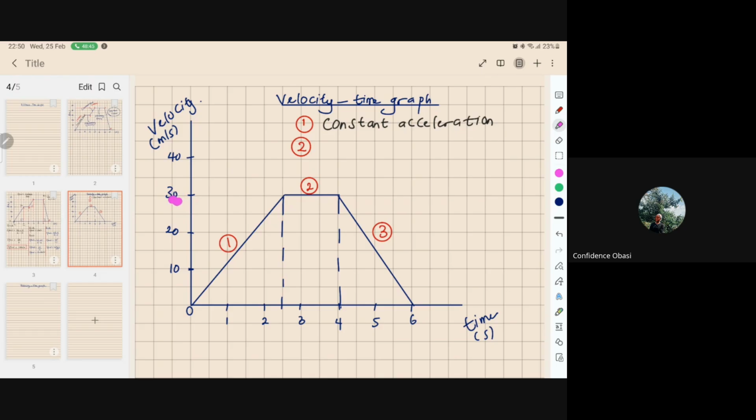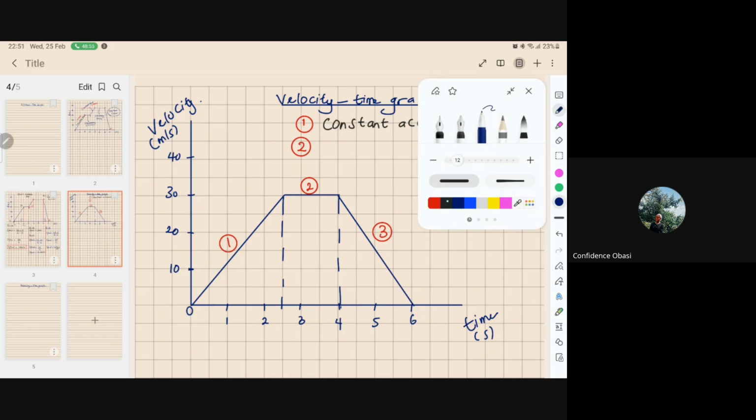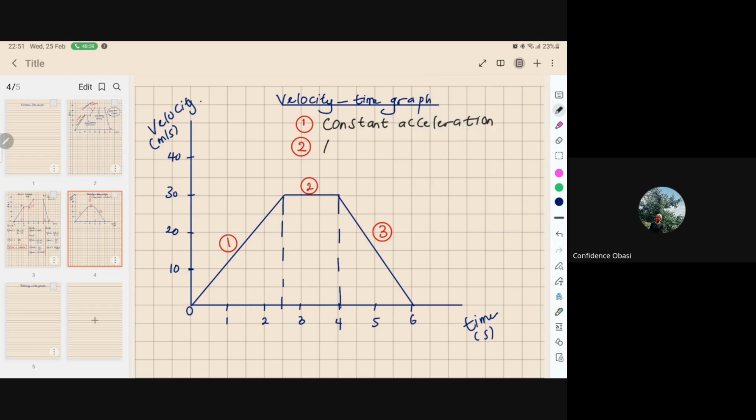It's at 30, but here it was increasing 0 to 10, 10 to 20, then to 30. It got to 30, velocity stopped changing, which means that your acceleration here is equal to zero. So here, zero acceleration.